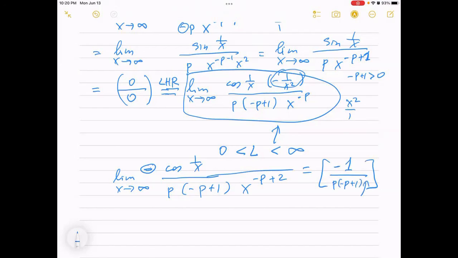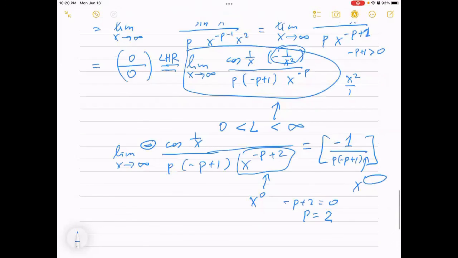And then we have x to a power. For that expression to be finite, it has to be x to the 0th power. So that implies that negative p plus 2 has to be 0, which implies that p has to be 2.